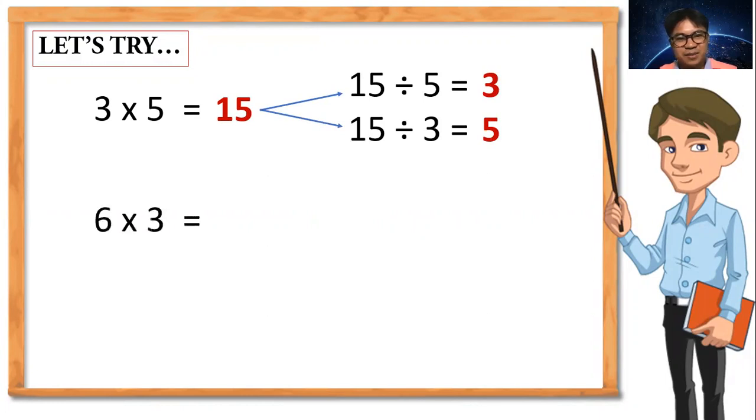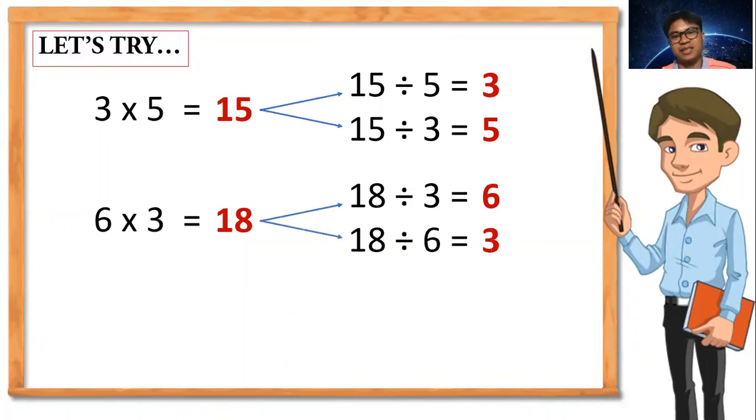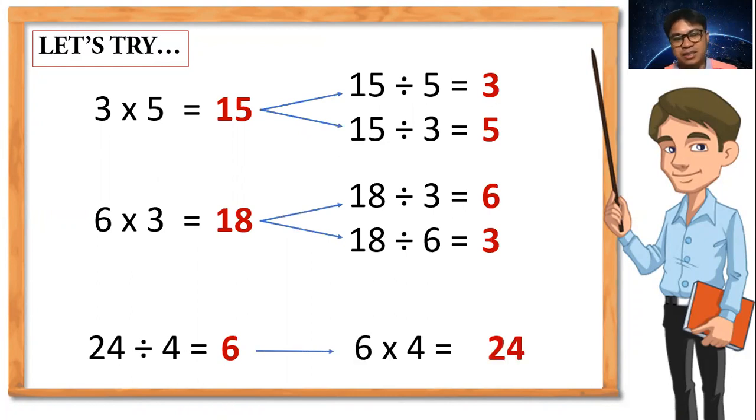Another one here, 6 times 3 equals 18, or 18 divided by 3 equals 6, or 18 divided by 6 equals 3. And division, 24 divided by 4 equals 6. In multiplication, 6 times 4 equals 24. So that is how they relate to each other. Division as the opposite of multiplication.